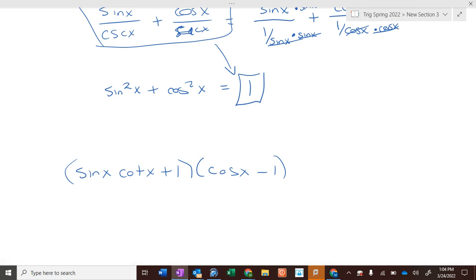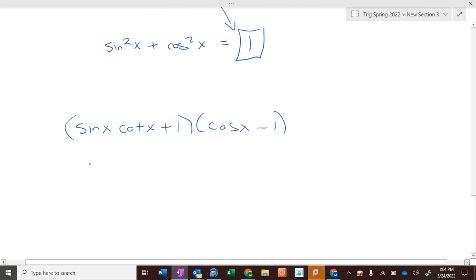What's my only thing there that's not a sine or a cosine? Cotangent. So we're going to change that. So we're going to call this sine of x times, what's cotangent the same as? Besides 1 over tangent, we have to use sines and cosines here. Cosine of x over sine of x.